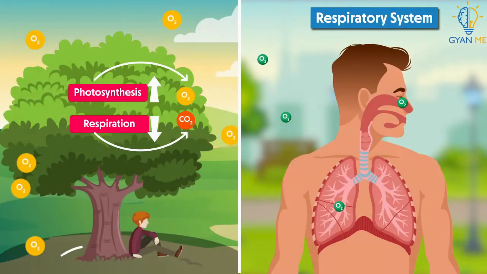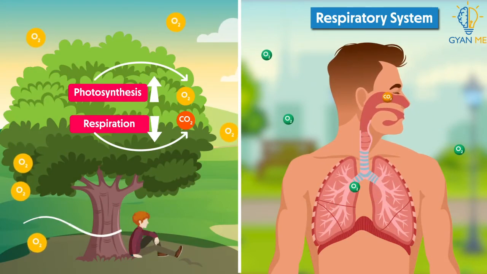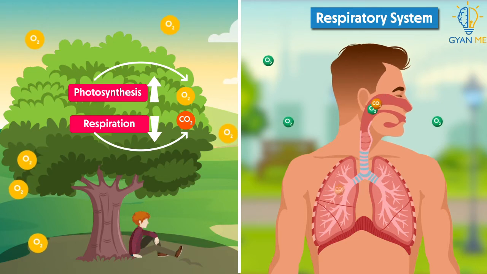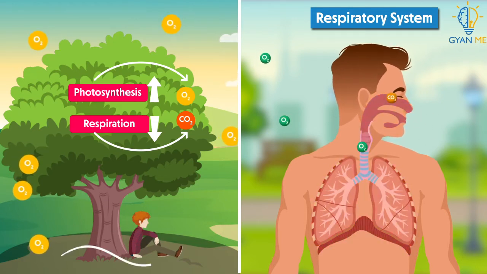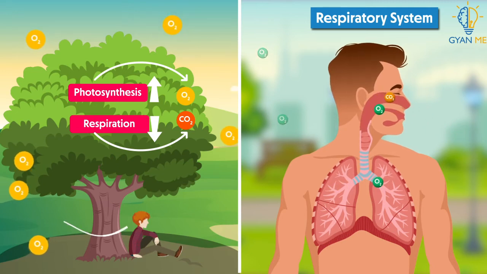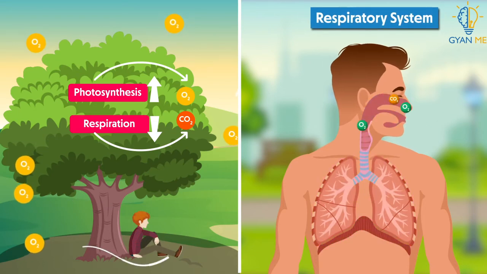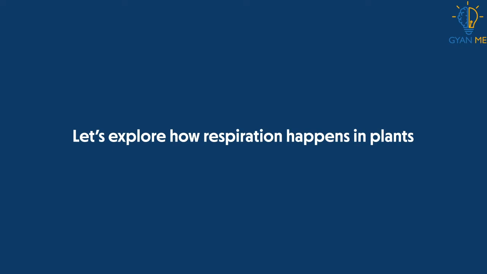So all green plants breathe through the process of cellular respiration. But unlike animals, the process is simple and involves exchange of gases through stomata. Opposite to animals where breathing is complex and involves many organs. So let's explore how respiration happens in plants.